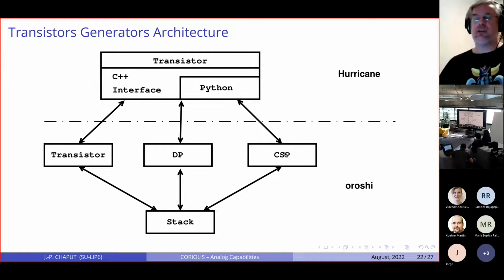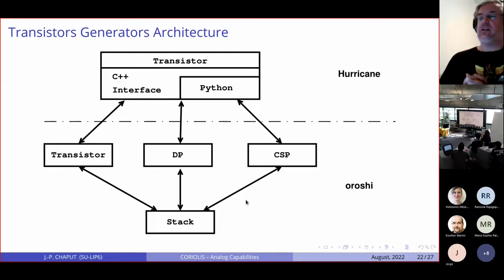This is just to show that we can have different kinds of transistors, and in fact, they all rely on the stack. The only work of the transistor, DP and CSP level is to send the right parameters to the stack. And the stack is the script which is tasked to build the set of fingers for the transistor, the device itself.